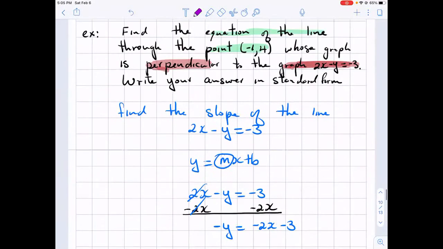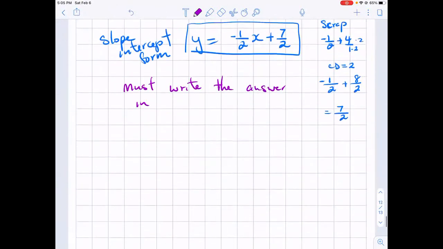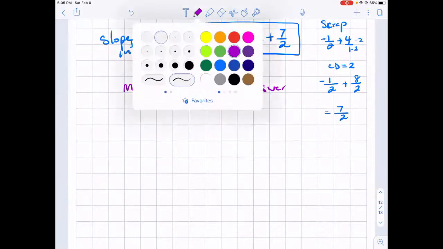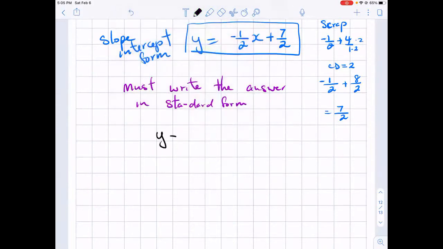The question said write the answer in standard form. So in standard form, we have y is equal to minus 1/2 x plus 7 over 2.